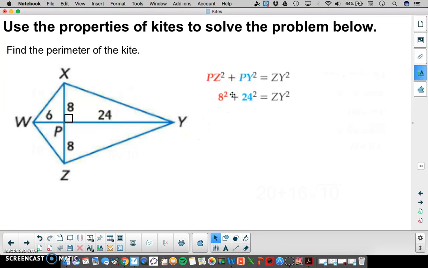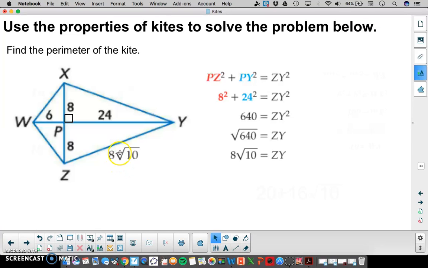So PZ is 8, PY is 24, so plug those in. 8 squared is 64, 24 squared is 576. Add those together and you get 640. Then we square root both sides and simplify to get 8 square root 10. So we now know that ZY is 8 square roots of 10.